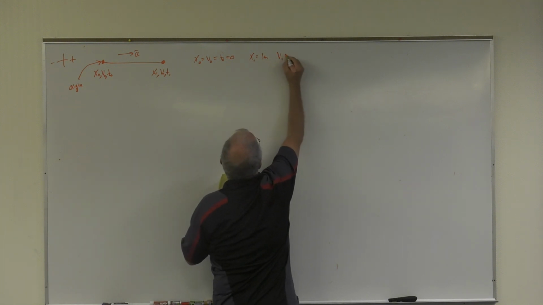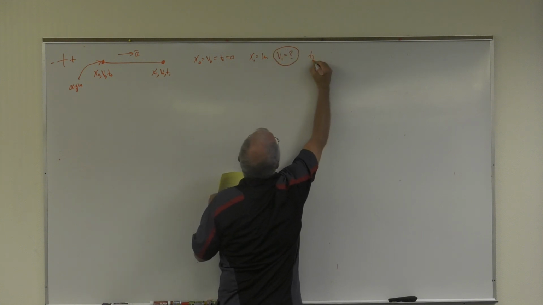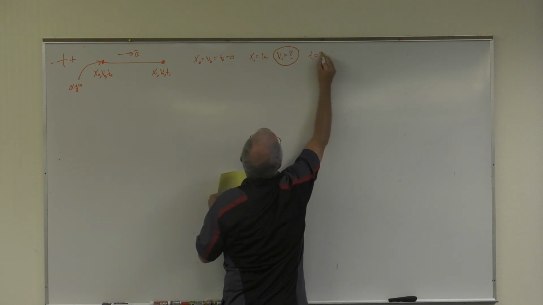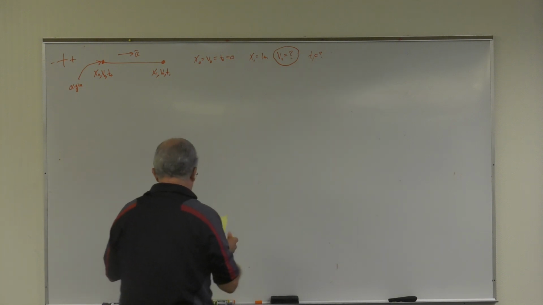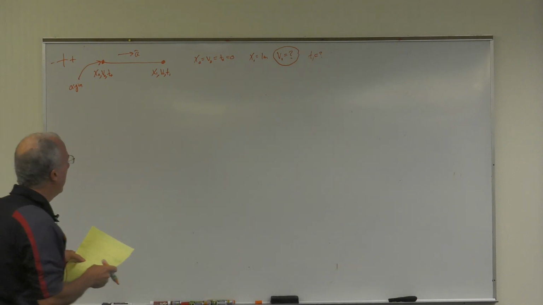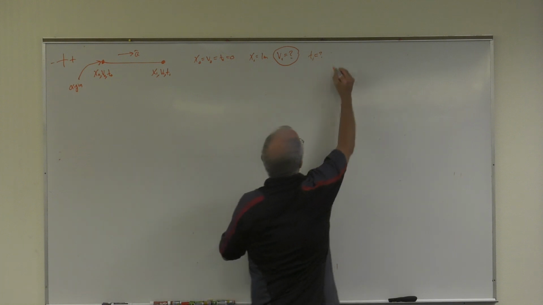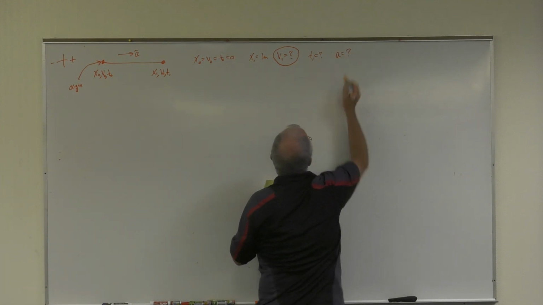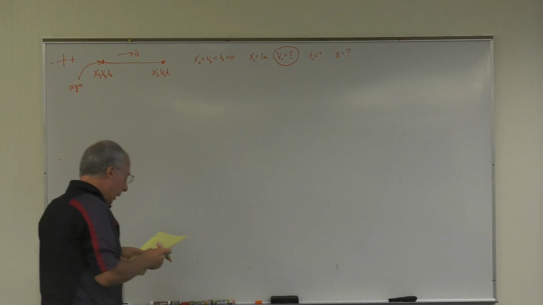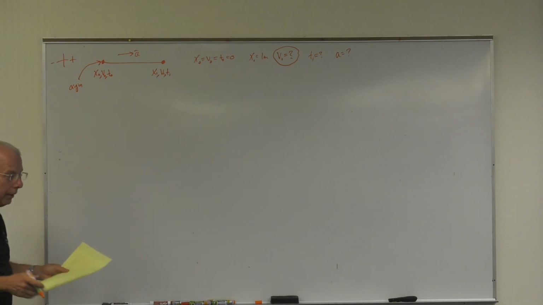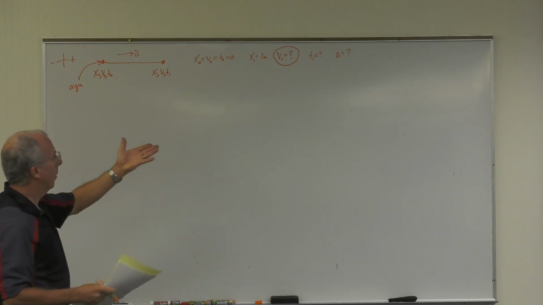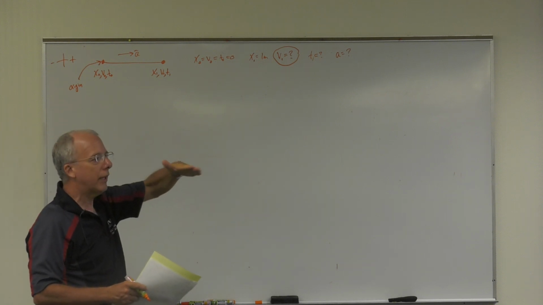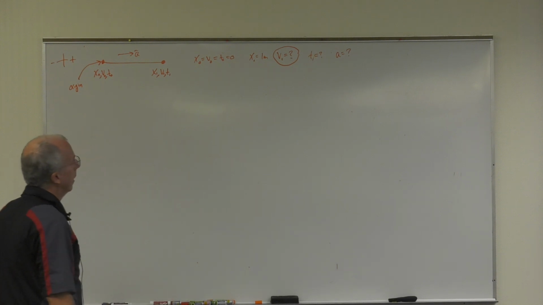V1 is what we want. And T1, we don't know. And we don't know A, right? Okay. Well, you know what's coming. So look at all 3 of the kinematic equations.